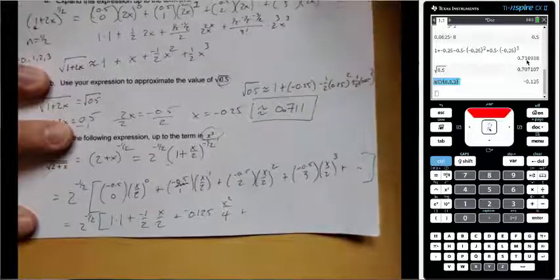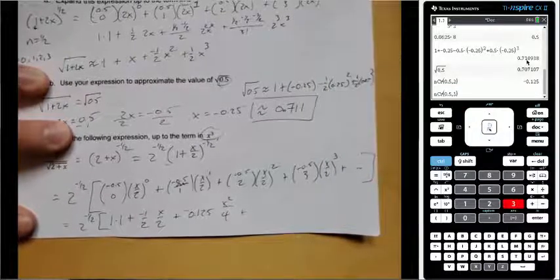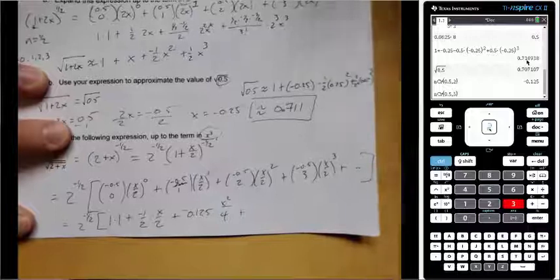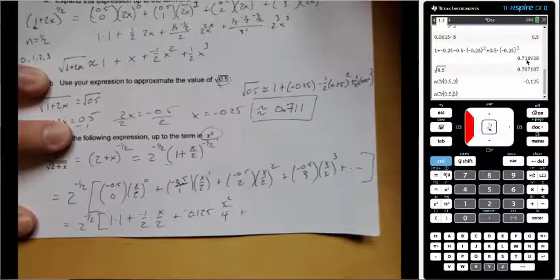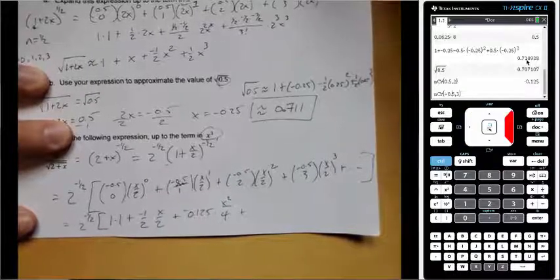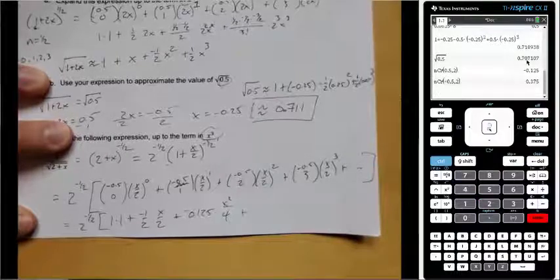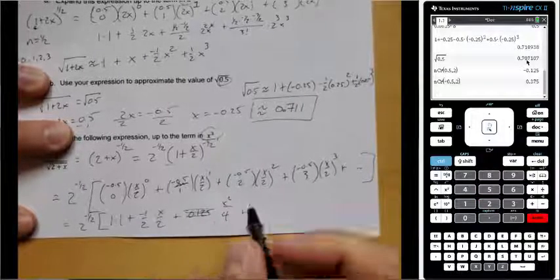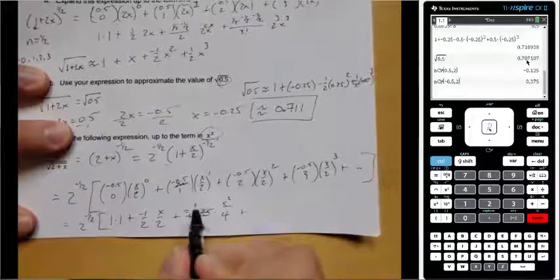Oh no, I mistyped. Darn it. That should be negative. I mean, this was not negative. Negative 0.5 choose 2 should be 0.375.